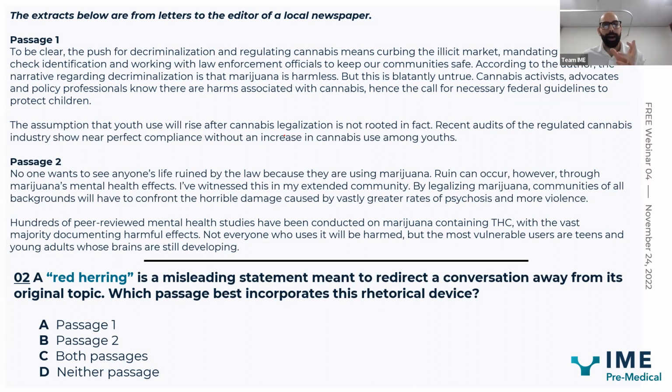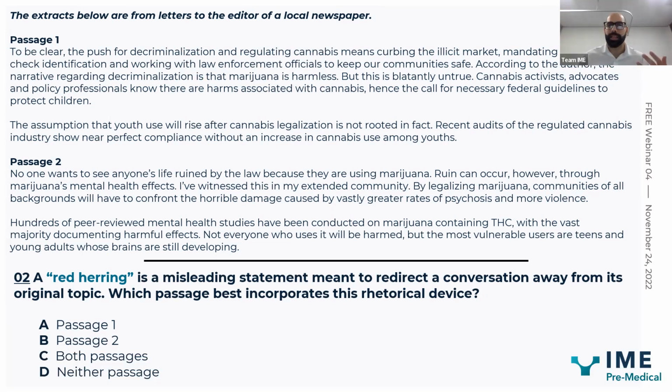So if we think about it, let's take a look at passage 1. So passage 1 says, to be clear, the push for decriminalization and regulating cannabis means curbing the illicit market, mandating dispensaries to check XYZ. And according to the author, the narrative regarding decriminalization is that marijuana is harmless, but that's not true.